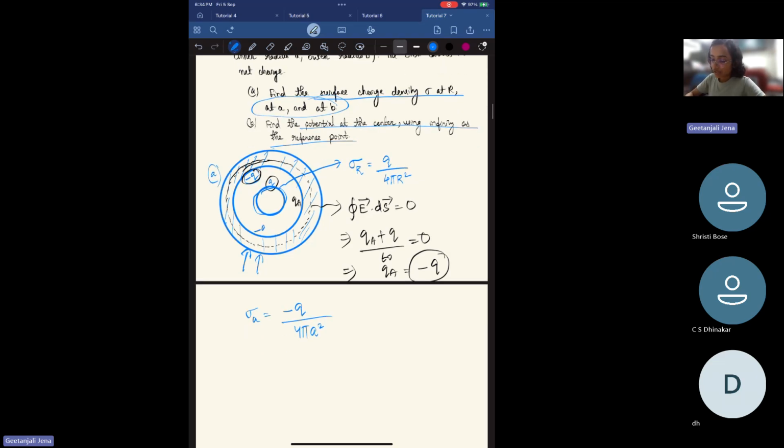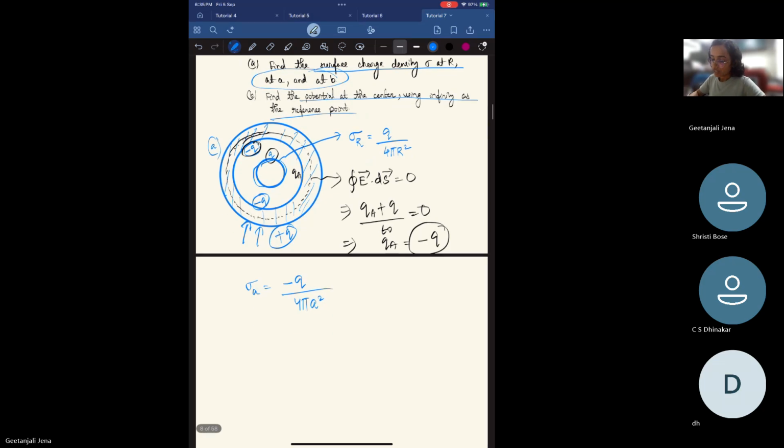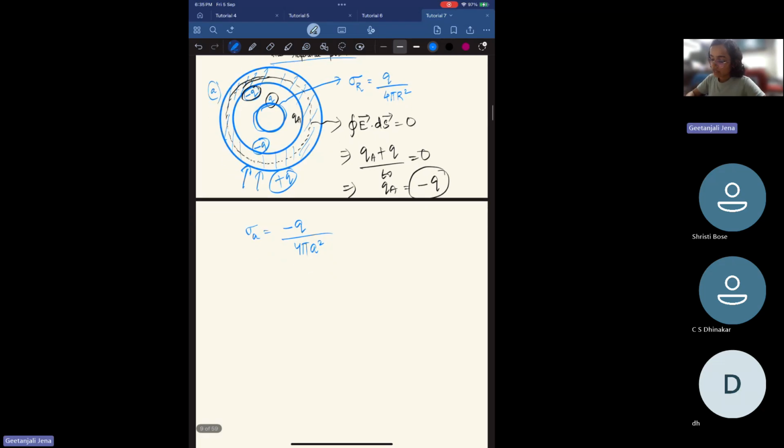Because minus Q is induced inside, plus Q should be induced outside to make it neutral as a whole. So that is why sigma B should be Q by 4 pi B square. This is how we can calculate the induced charge at different surfaces of a conducting concentric sphere.